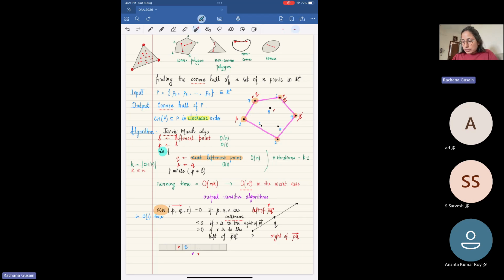And then I know that the polygon I obtain by connecting these points is going to be a simple polygon, and it is also going to be a convex polygon that is given to us. I mean, just the cyclic order does not guarantee convexity, but the input is such that it is a convex polygon.